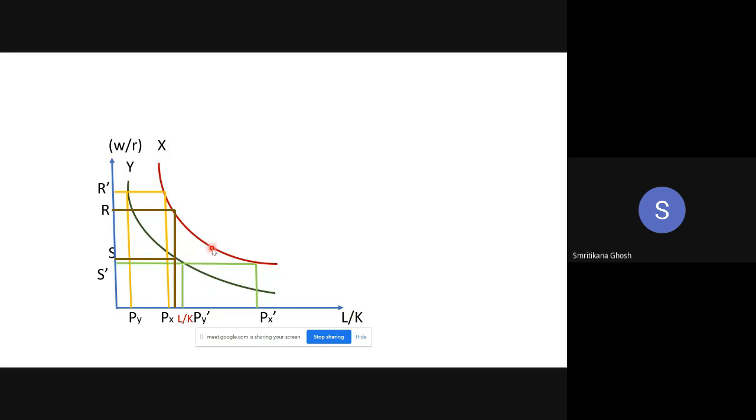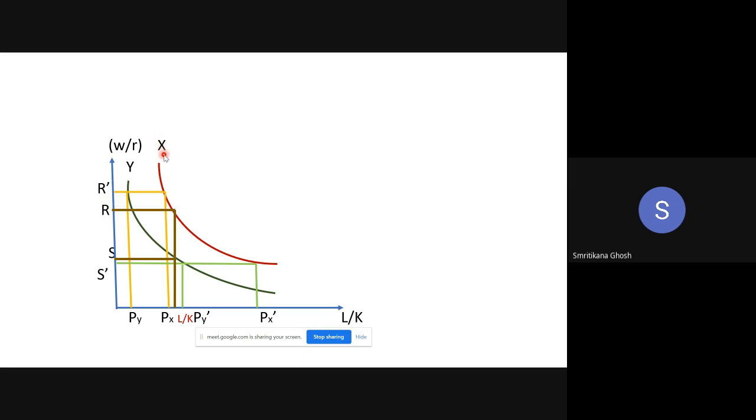Now the next question is, why are there two lines? Why not a single line? One line is representing the X sector, another line is representing the Y sector. Now look, the red line is the X commodity, and the green line is the Y commodity. Why is this X? Because given any wage rental ratio, X is assumed to be labor intensive.